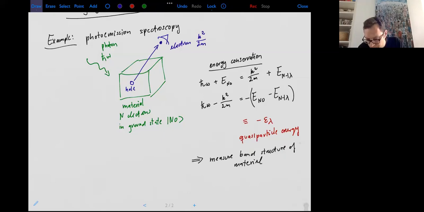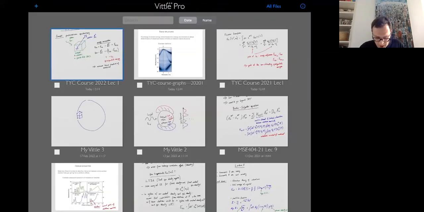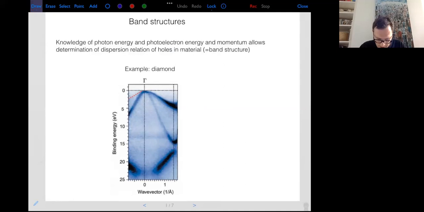Let me show you an example. So here, somebody has done a photoemission spectroscopy experiment on diamond, and you can very nicely see this band structure that you can measure from these considerations.